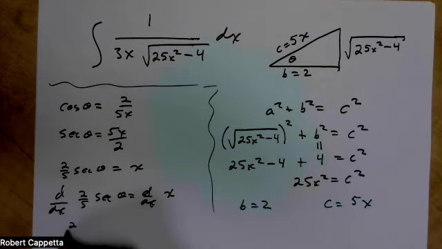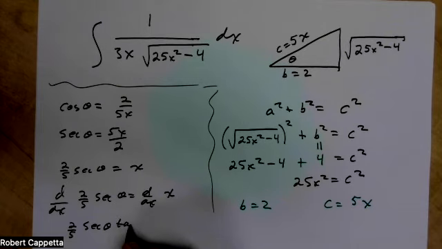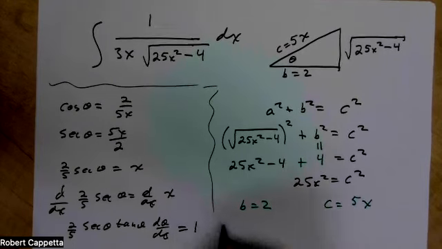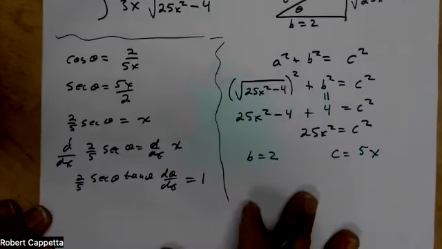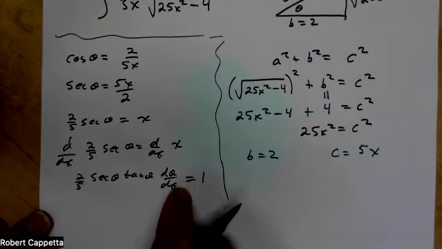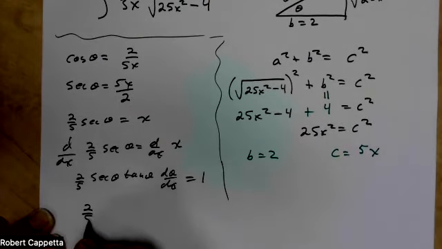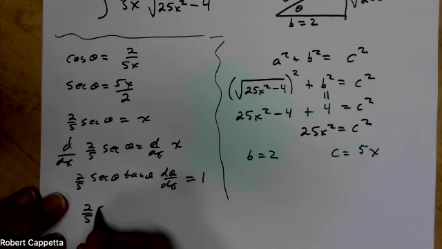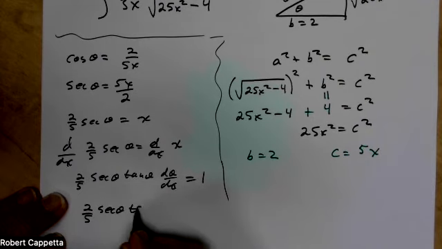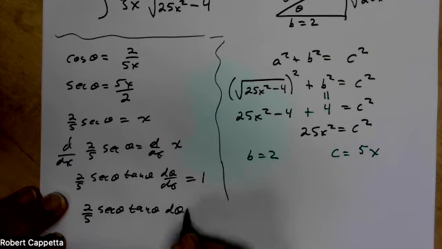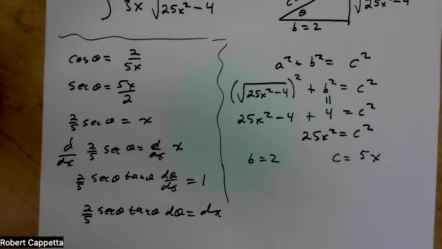Here we get 2/5 sec theta tan theta d theta dx equals 1. And then to finish this off, I'm going to solve for dx. That's what I need here. So we get 2/5 sec theta tan theta d theta equals dx.